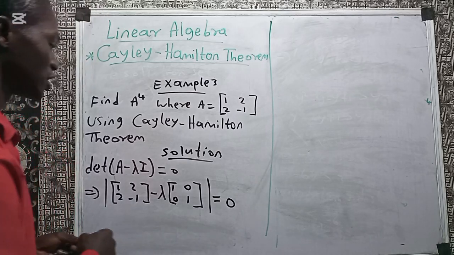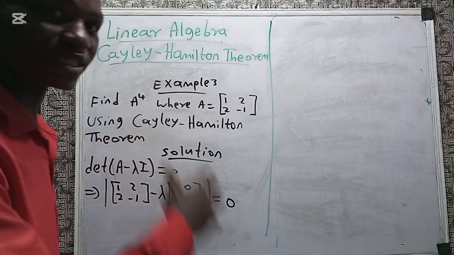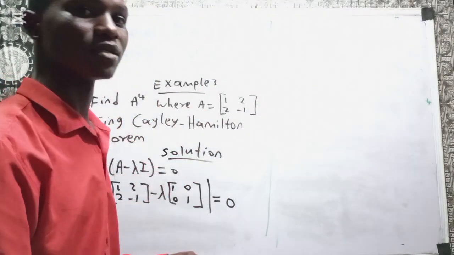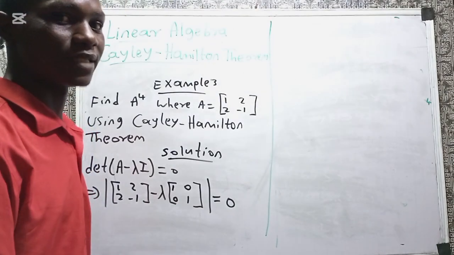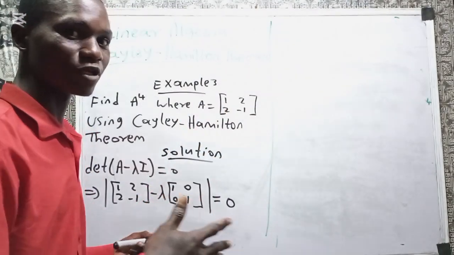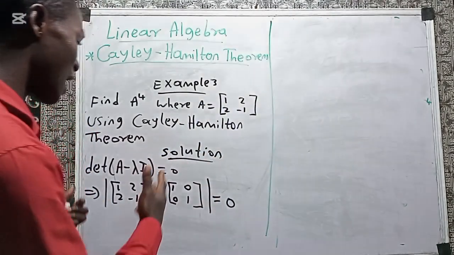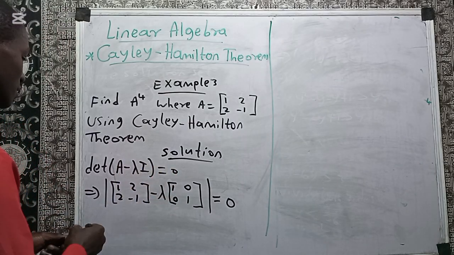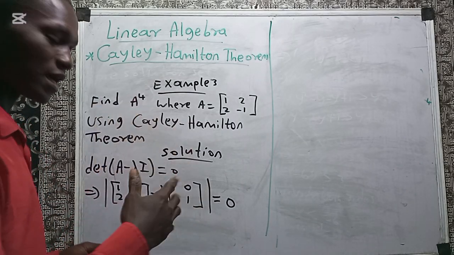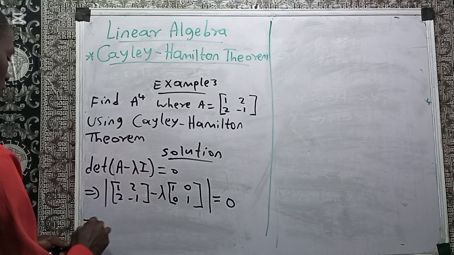But for identity matrix, you must have a unit entry throughout the principal diagonal. Then outside the principal diagonal, you have 0.